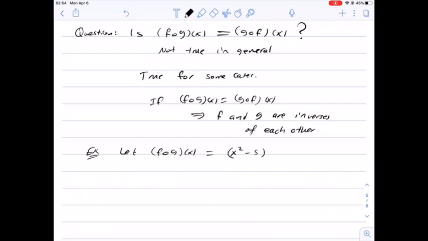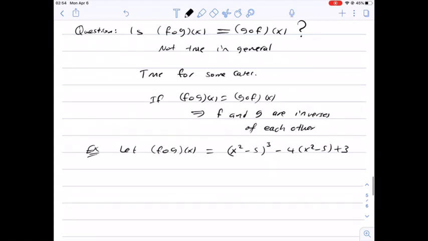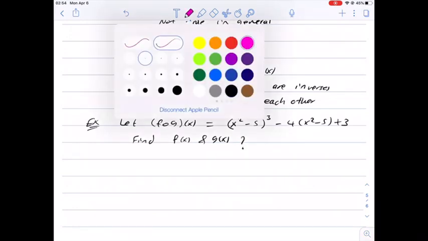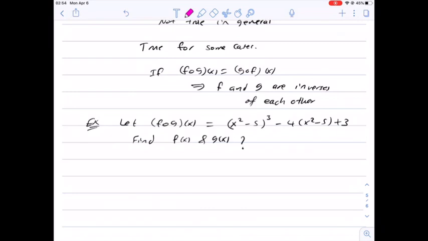It's x squared minus 5 all cube minus 4 times x squared minus 5 plus 3. We are given the composite of the two functions, and we are asked to find the functions f and g.